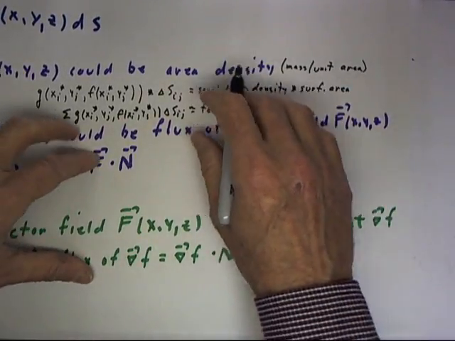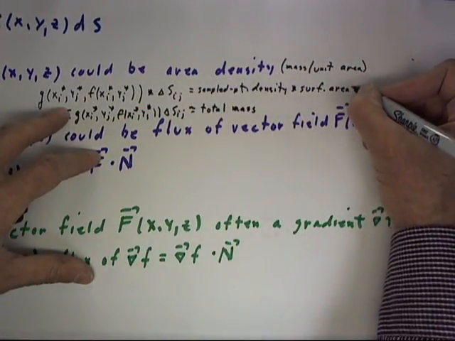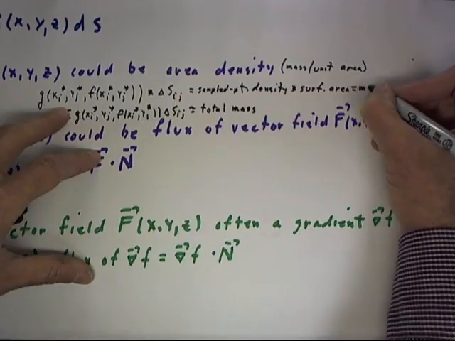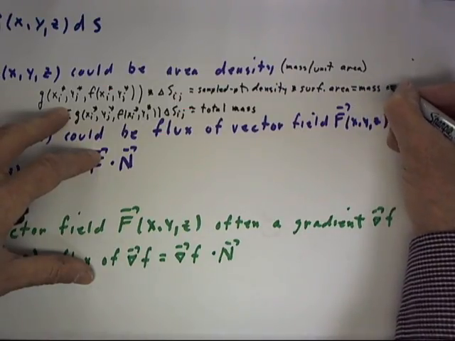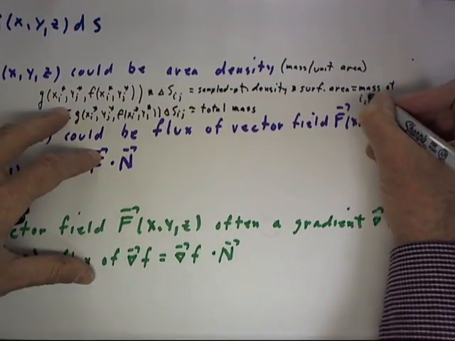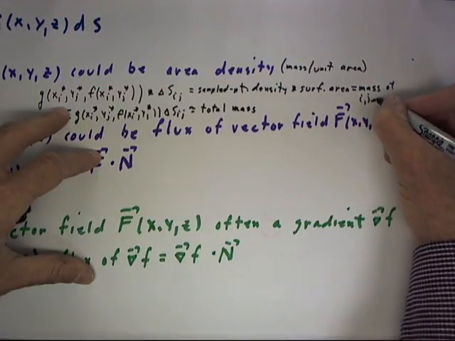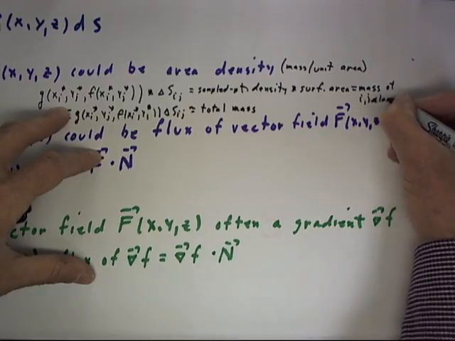Okay, now this is sample point density times surface area equals mass of your ij element.